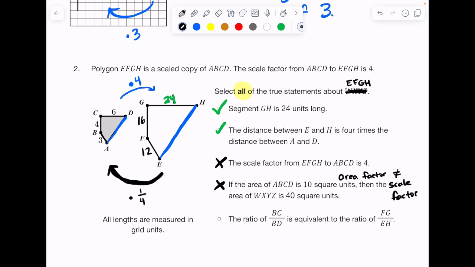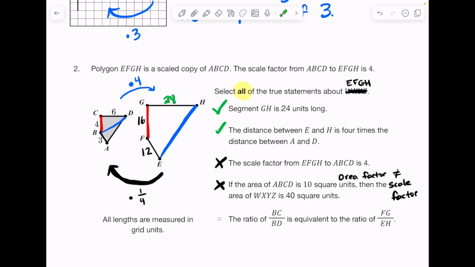All right, and then finally, the ratio of BC divided by BD is equivalent to the ratio of FG divided by EH. So I'm going to go here and find these side lengths. I saw where these were located. I have BC right here, and then I have BD, which would be connecting these, even though there's not actually a line connecting them right now.